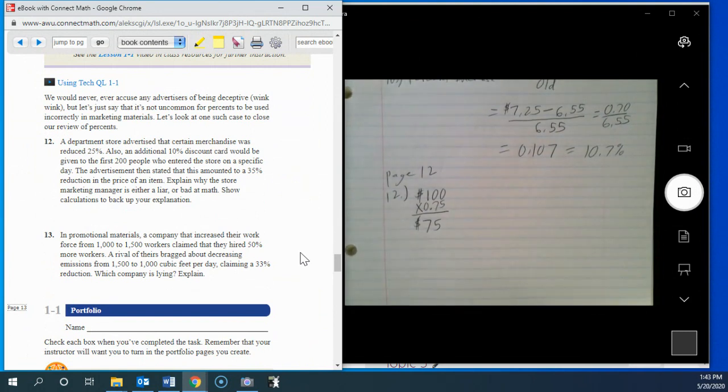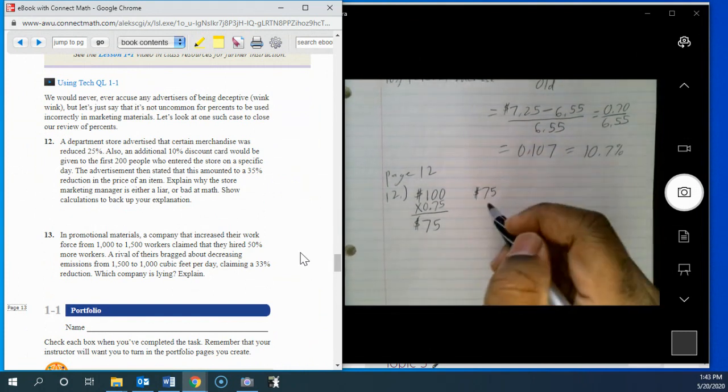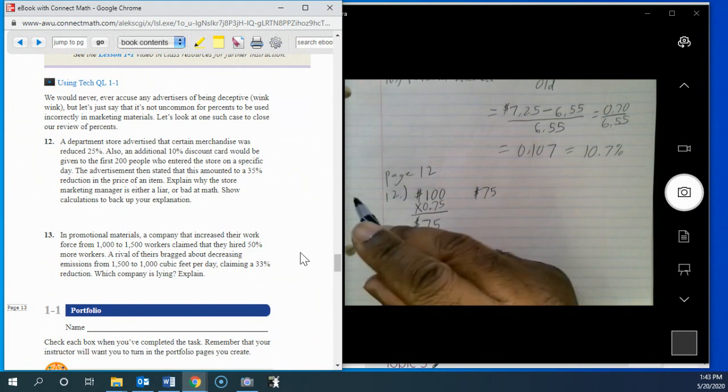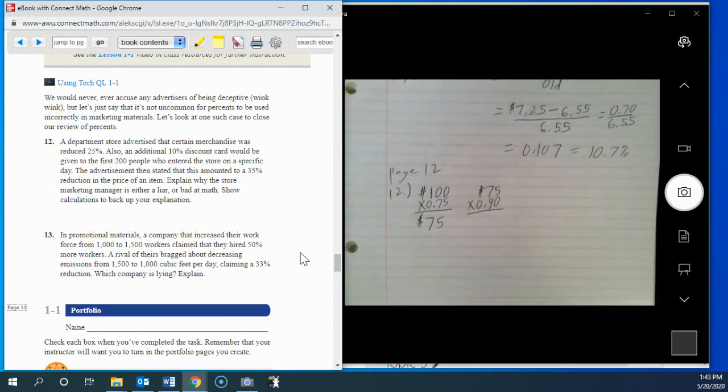Okay, now, they told you to take an additional 10% off. So if you take an additional 10% off, that means that with that $75 that you had after taking 25% off, you're only going to pay 90% of that $75.